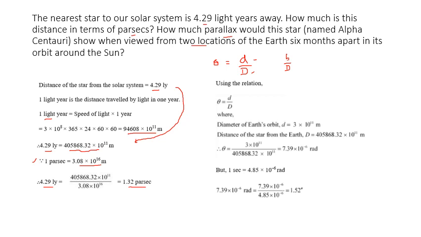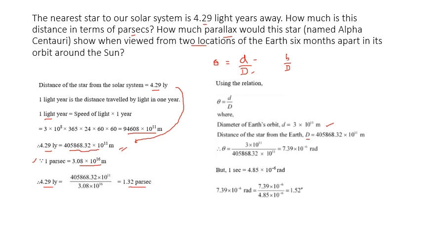We'll see. Theta is your question. Use this relationship, d divided by capital D, where the diameter of the earth is also a constant value: 3 × 10^11 meters. And the distance of the star from the earth, capital D, what did we find? 40.58 × 10^15 meters. So what is theta now?